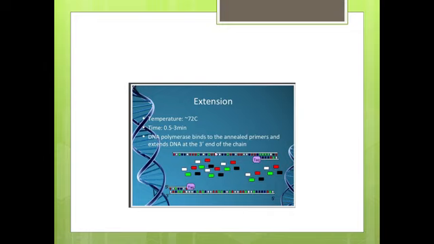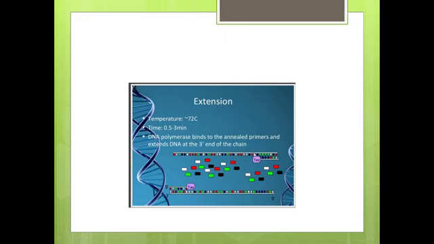These are the four types of deoxyribonucleotide triphosphates, which are the building blocks of DNA, as we know. So when the temperature is raised to 72 centigrade, this Taq polymerase will then add these nucleotides to the primer according to the sequence present on the template strand.